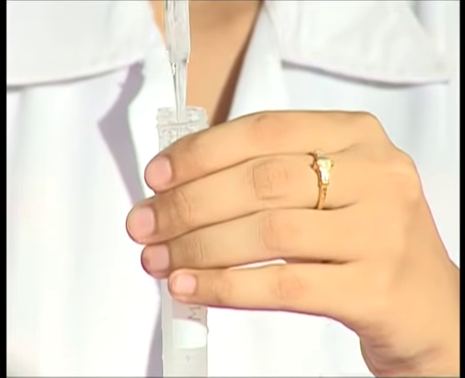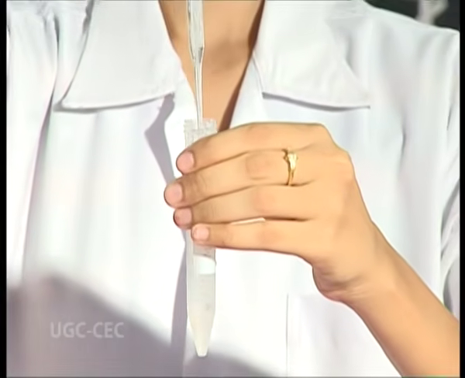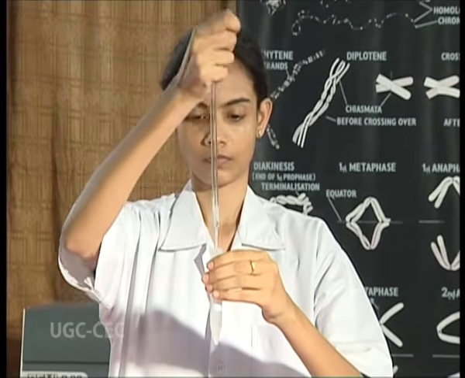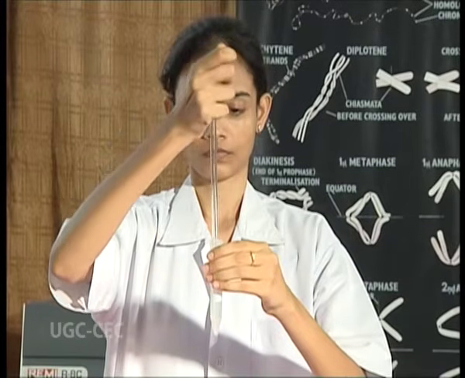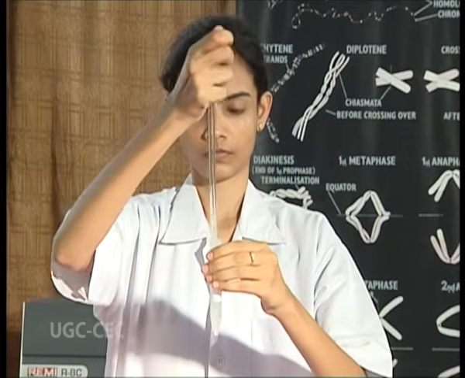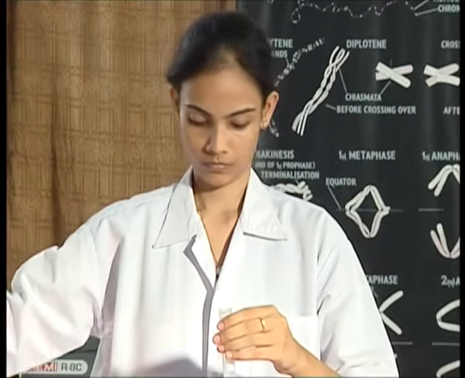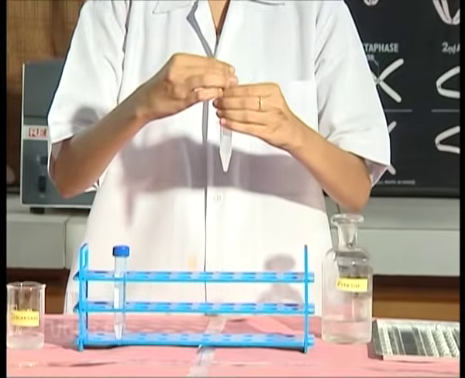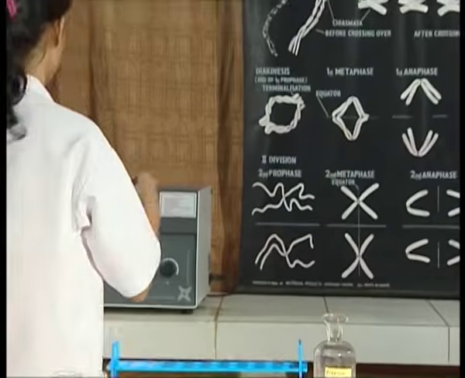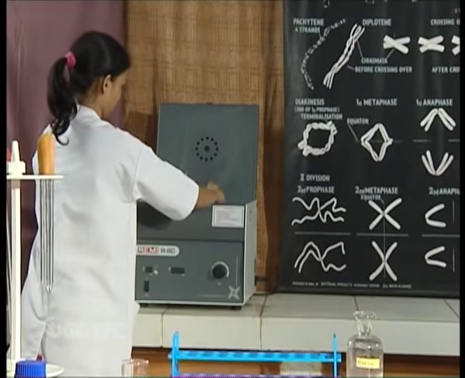Agitate the contents properly. Now centrifuge at 2000 rpm for 15 minutes.